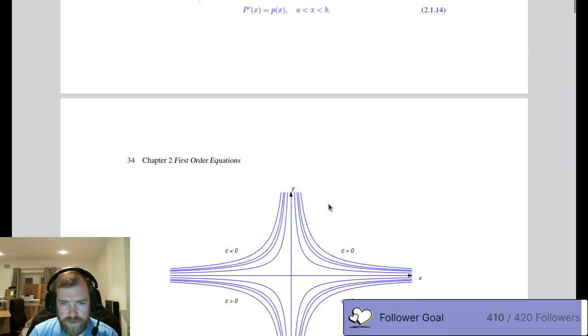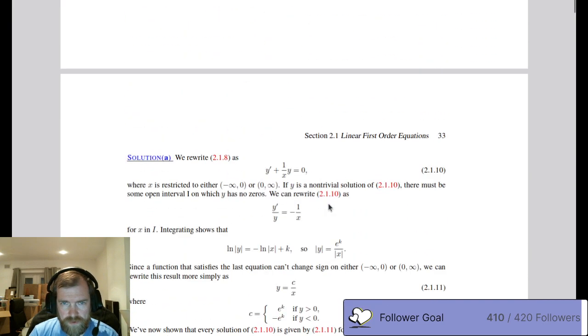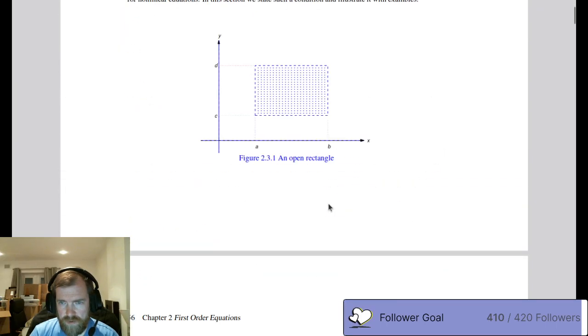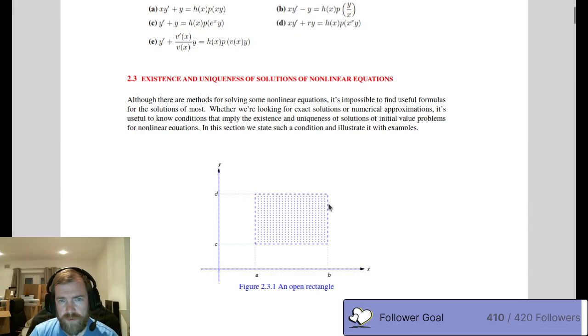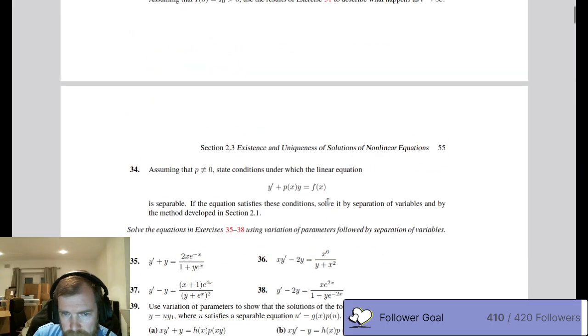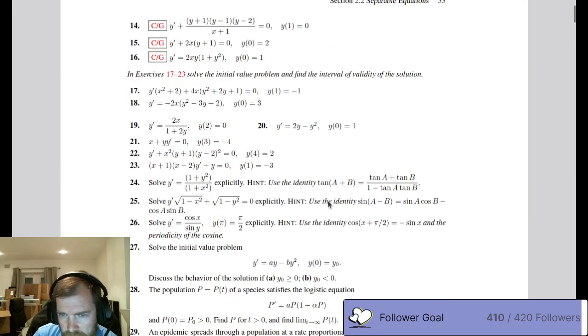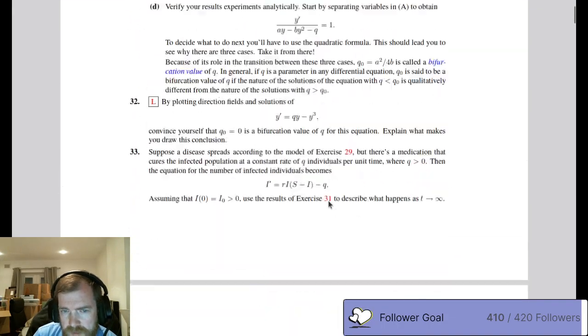Cool. So 2.1, 2.2, here we go, 2.3. Alright, separability goes into there.